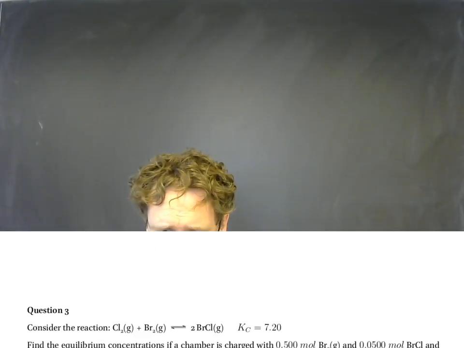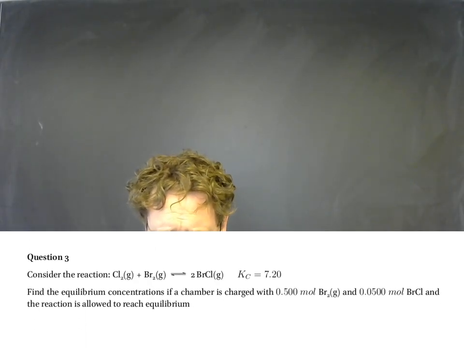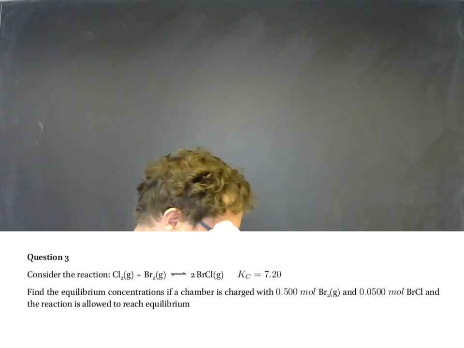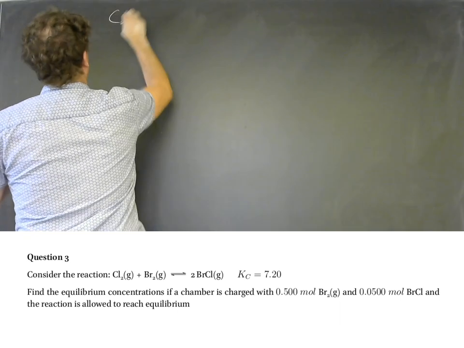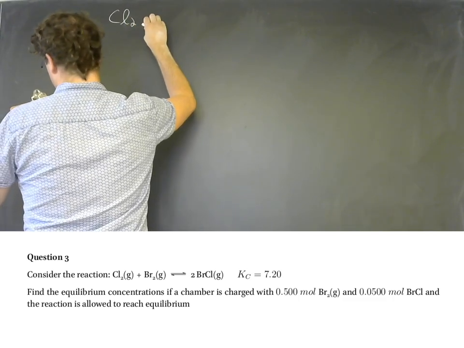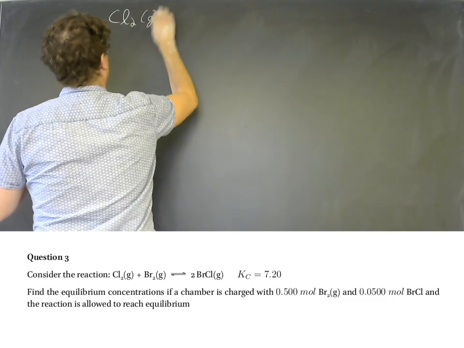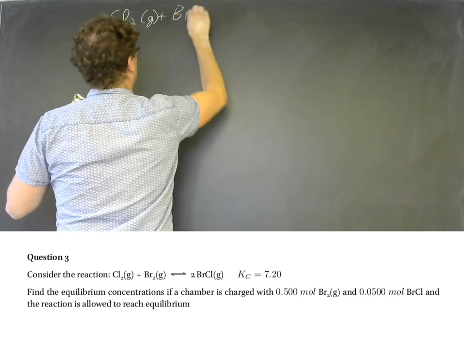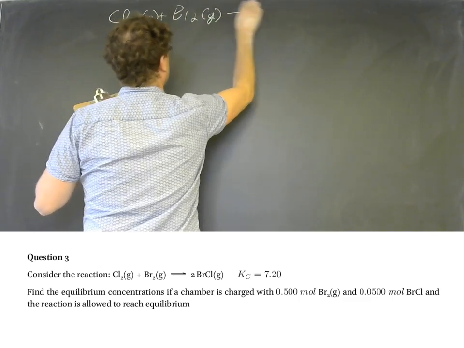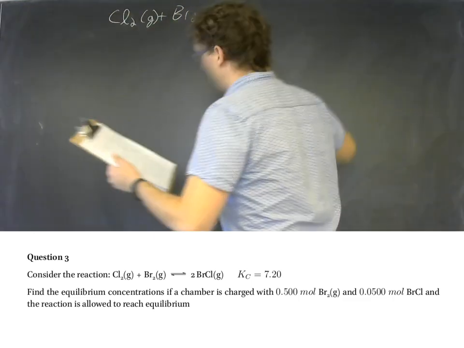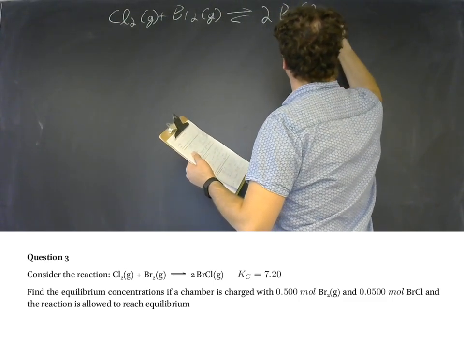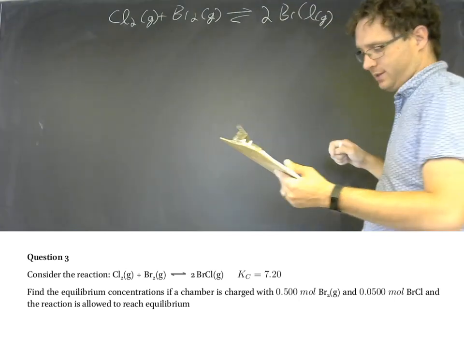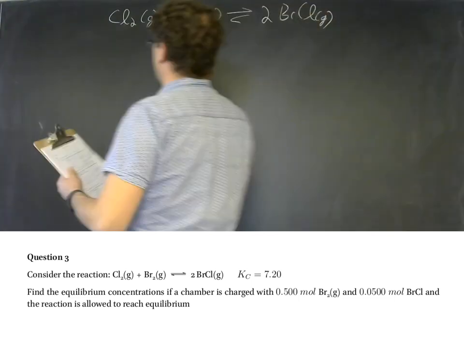One final problem, question 3. So here we have a reaction: Cl2 gas plus Br2 gas in equilibrium with 2 BrCl gas. We'll draw the ice table.